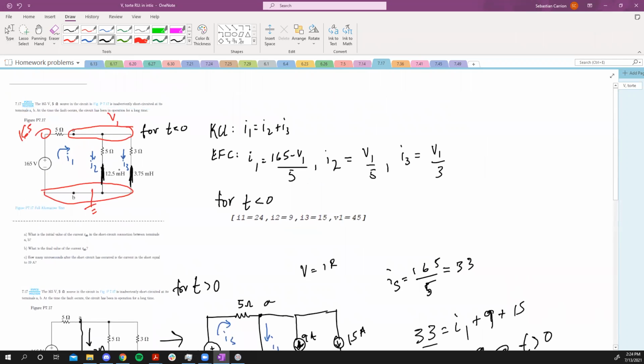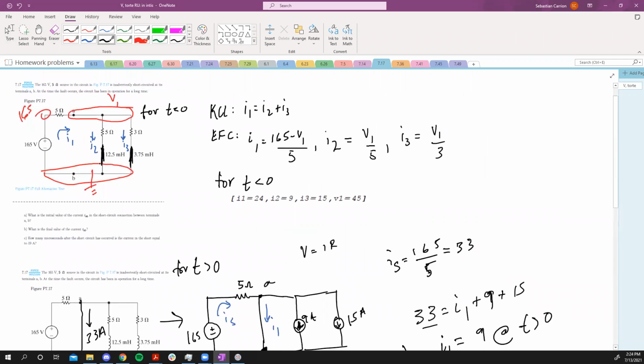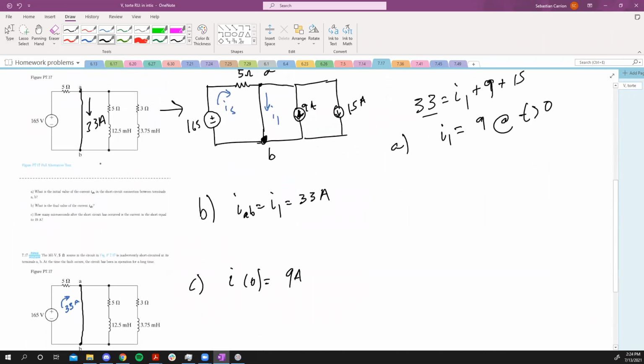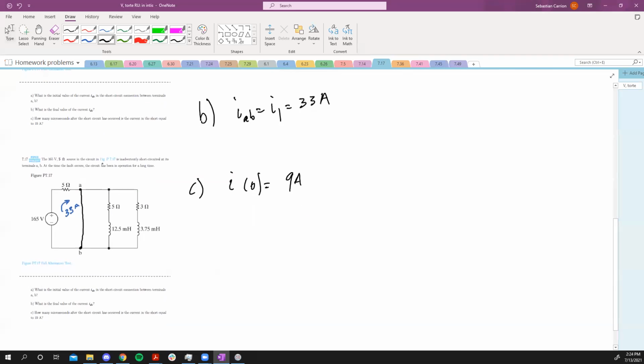We could call the current coming out 33 amps.